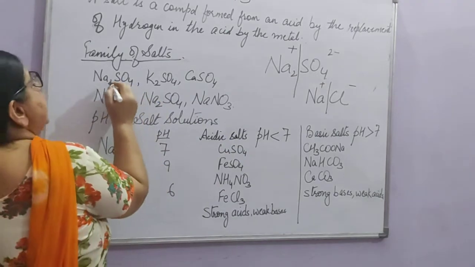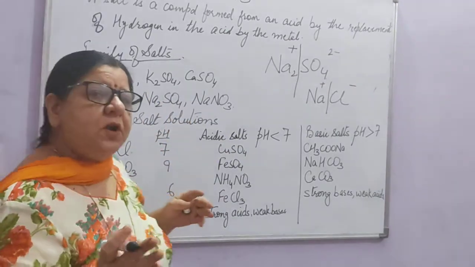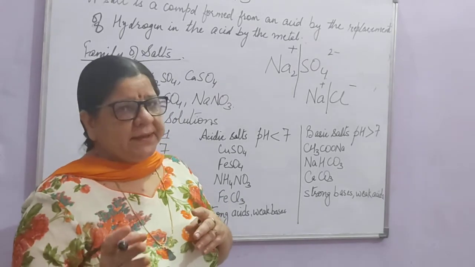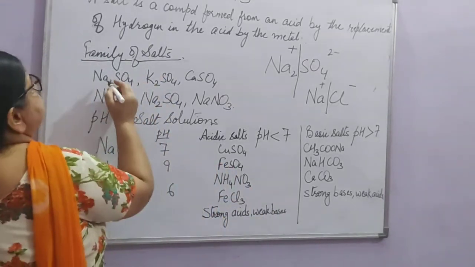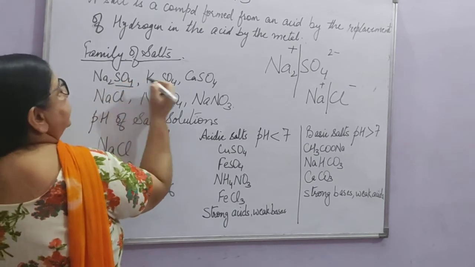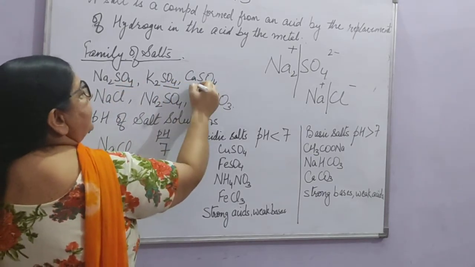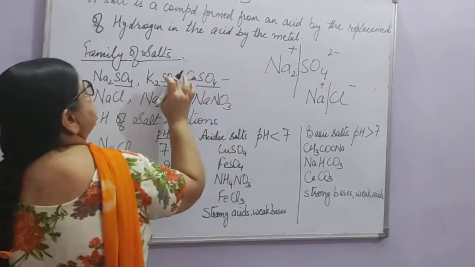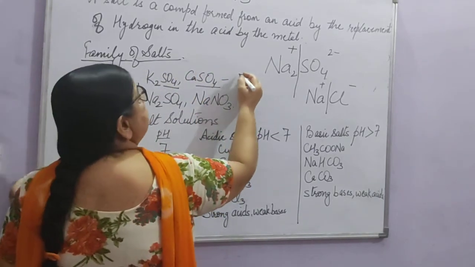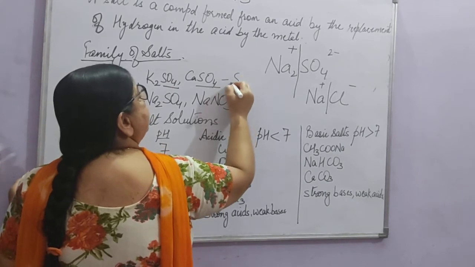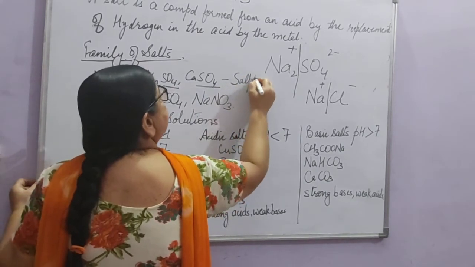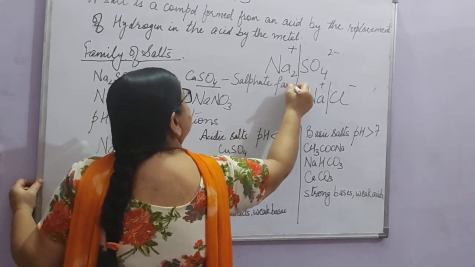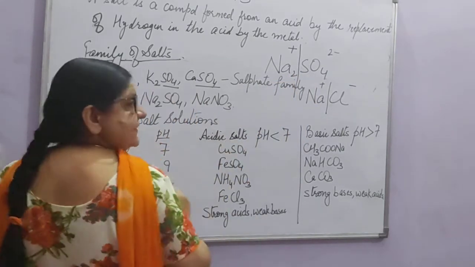So the family of the salt is known by the anions or by the cations. Like here, if we take the example sodium sulfate, potassium sulfate, calcium sulfate, they all belong together because they have the same sulfate, that is the negative ion. So they are known as the sulfate family, the salts of the sulfate family.